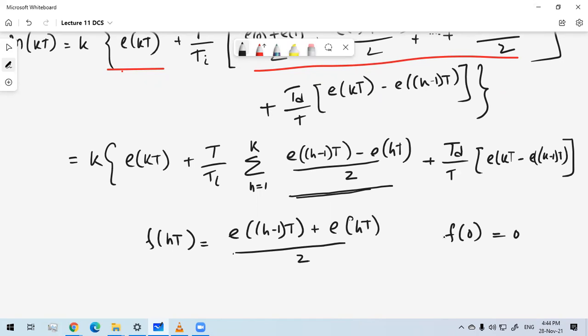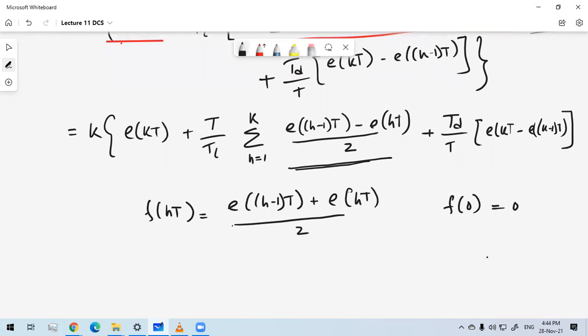So this is the initial condition that we have. And now we can also write it as a summation of h from 1 to k of f(hT), because we also have a summation there. Just notice the fact that the summation is not from 0, but we know that most of the calculation we have started is from 0, but this one is specifically starting from 1. So that is why you have to subtract one value later on. You have to keep that in mind.